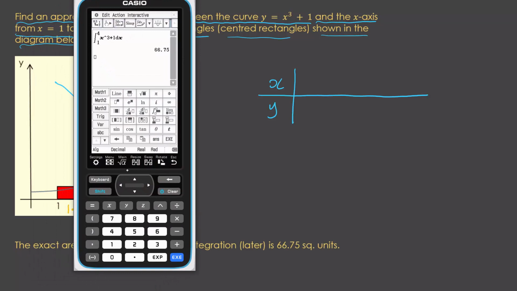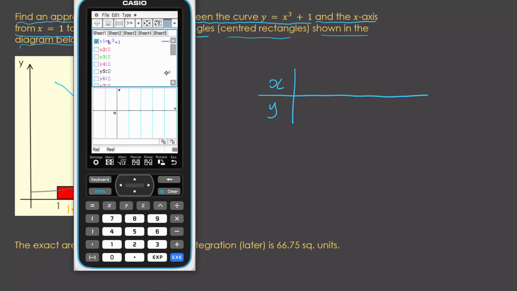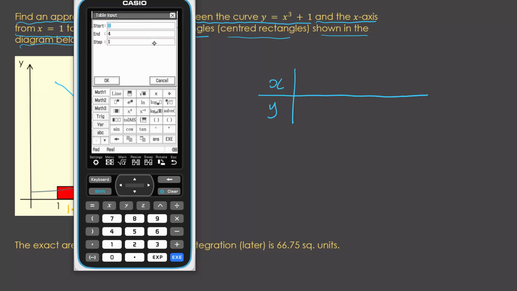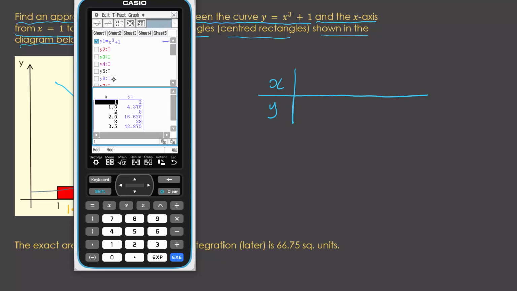So I need to go back to graph and table, and I'm going to generate my table, but this time what I need to do is go up in steps of 0.5, and then at 1.5 I can see I have 4.375, at 2.5 16.625, and also 3.5 is 43.875.